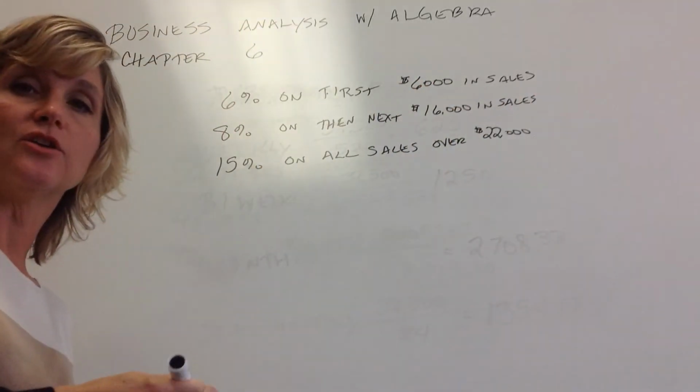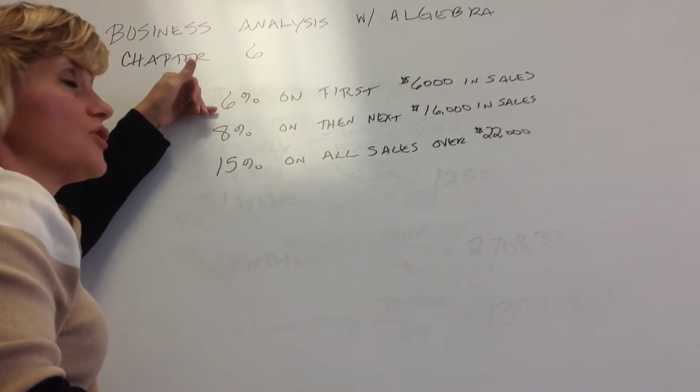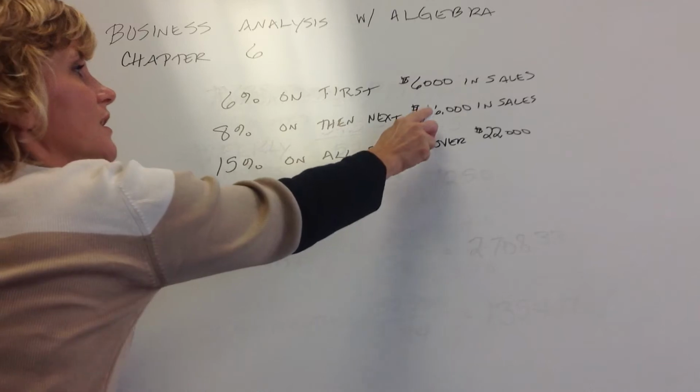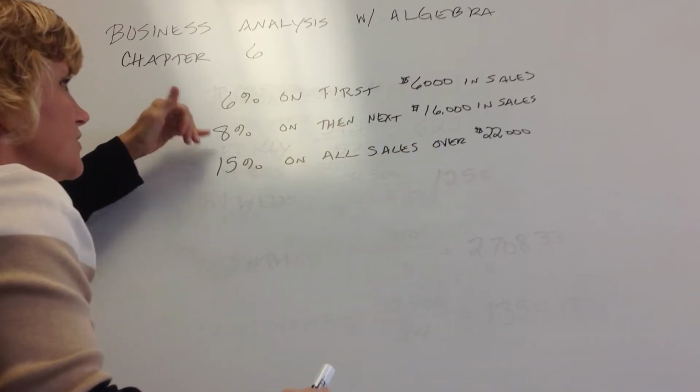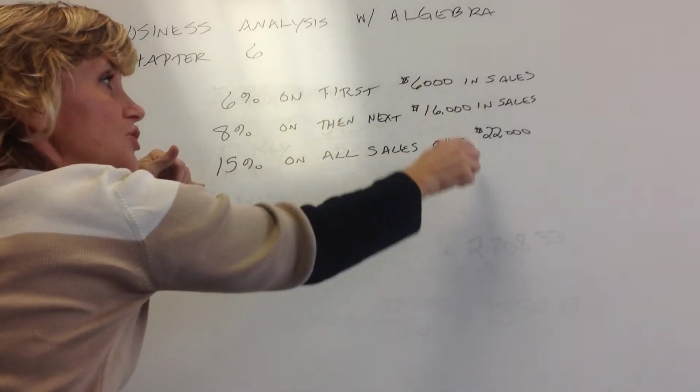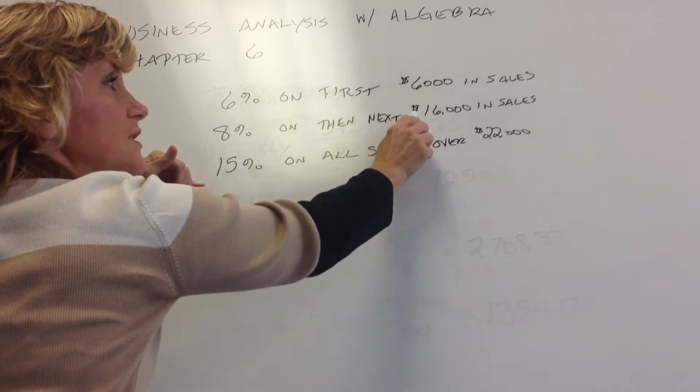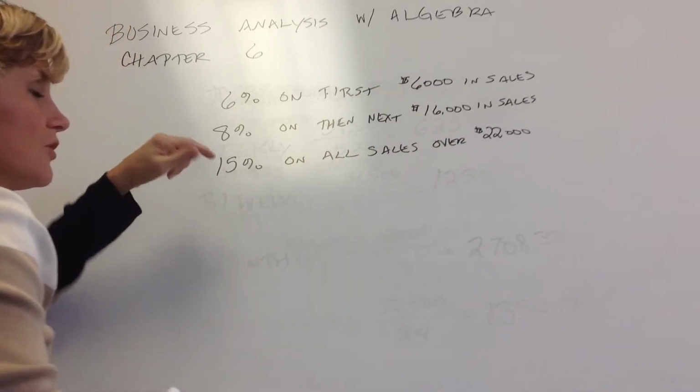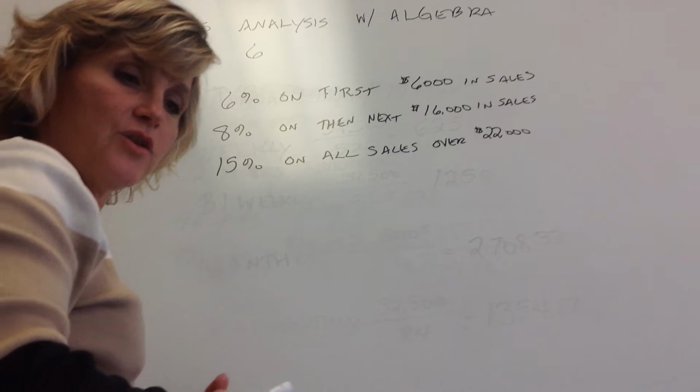So then again, it's tiered. So your first $6,000 in sales, you're going to get a 6% commission rate. The next $16,000 that you sell, you get 8%. Then if you actually go over the 22, which is the 6 plus the 16, if you go over that 22, then you'll get 15% of those sales.